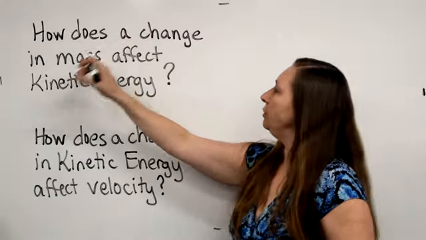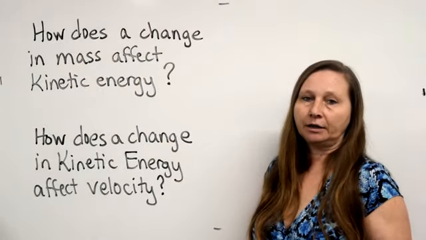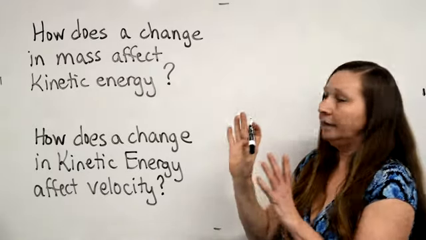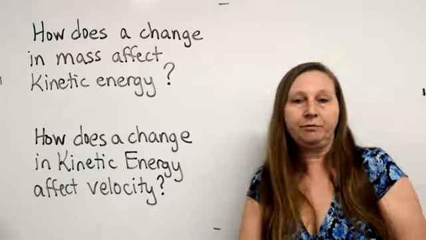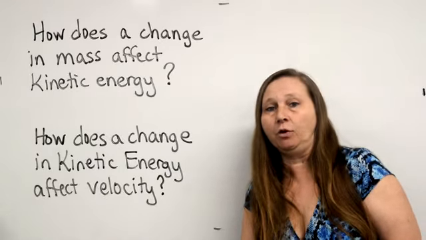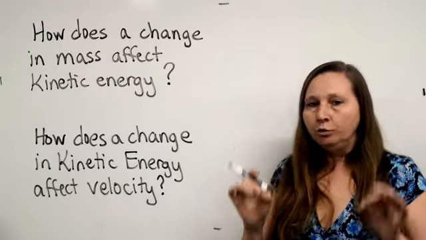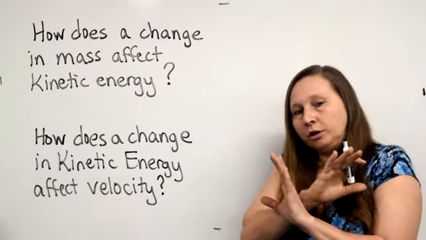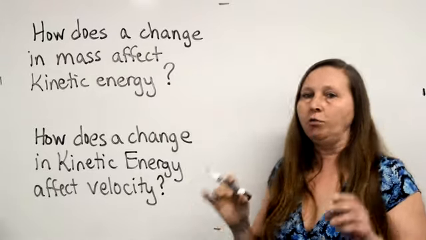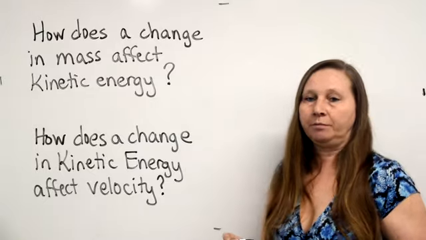If we're asking how does a change in mass affect the kinetic energy of an object, like for example, now I don't know if you've ever heard the word mass before, or the word kinetic energy before. Perhaps you have, perhaps you haven't. Don't worry too much about the words. It's just an example. And we're going to do this very clearly, where you don't really have to know exactly what all of the words in this video mean.